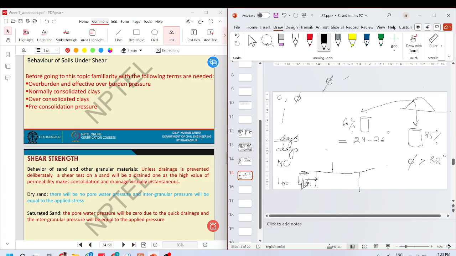Now I come here and I put some weight here, 50 kPa. We say that the soil is over consolidated because it already knows how to act when 50 kPa was applied to it. So it will not compress. You have to apply more stress than it already has seen for it to compress more. So this is OC.